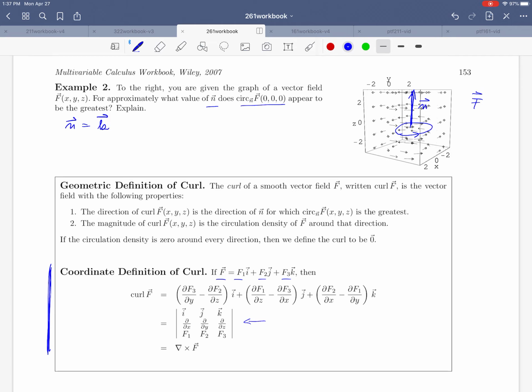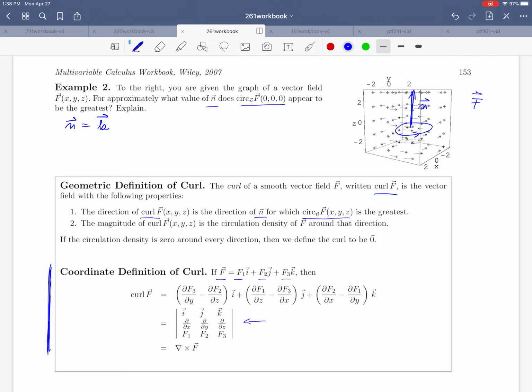Well, the curl of a smooth vector field F, written curl F, is itself a vector field. And it has two important properties. The direction of the curl at any point x, y, z is the direction of the normal vector n for which the circulation density is the greatest.